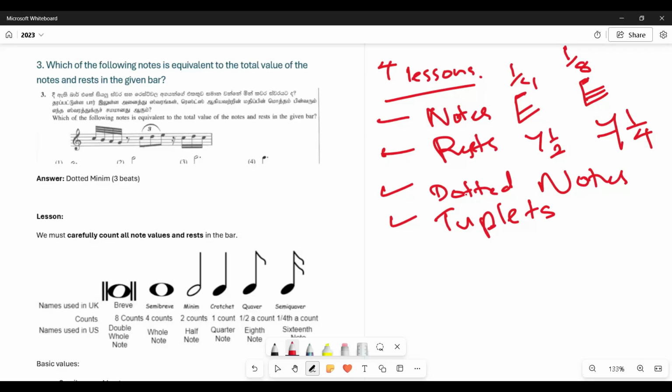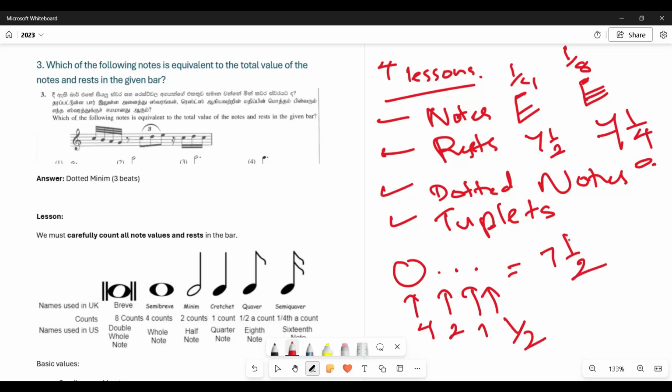Okay, then dotted notes actually, the dot is equal to the half of the value of the note before the dot we are considering. So for an example, if this is given, this is 4 counts, right? This would be 2 counts, this would be 1 count, this would be half a count. Therefore the full thing would be 7.5 counts.